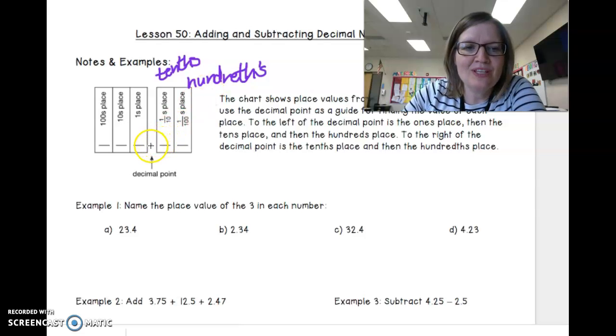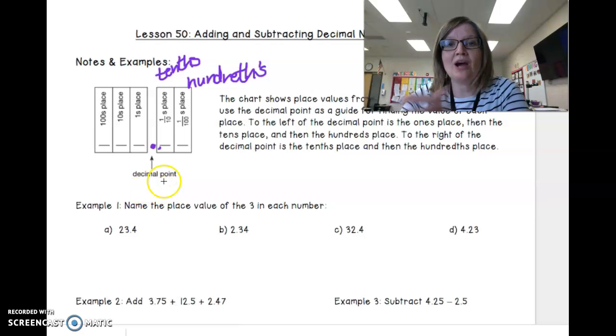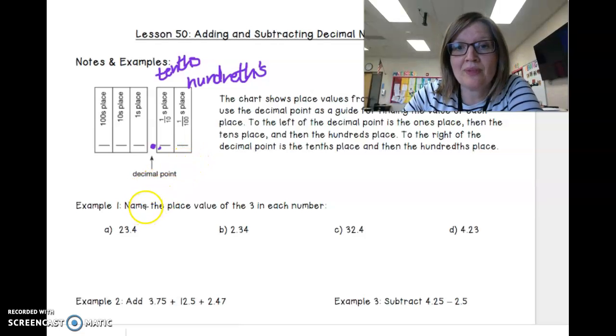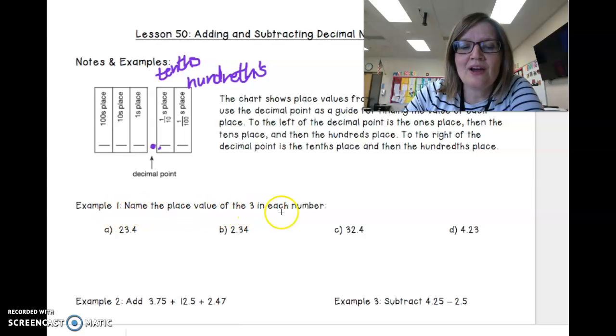And so when we see this decimal point, that gives us an idea of how we should think about the decimal.